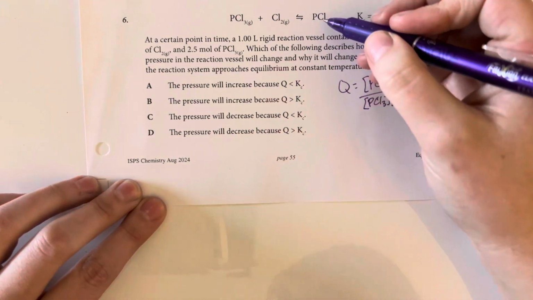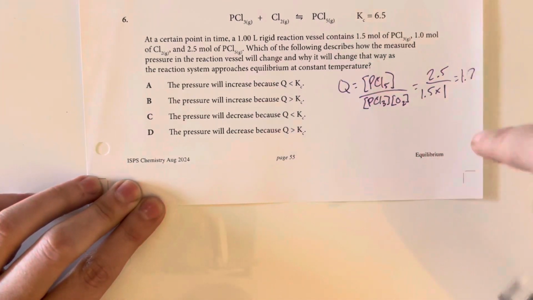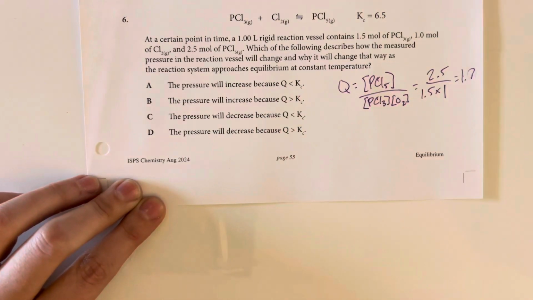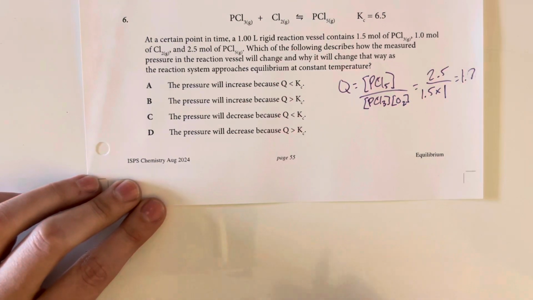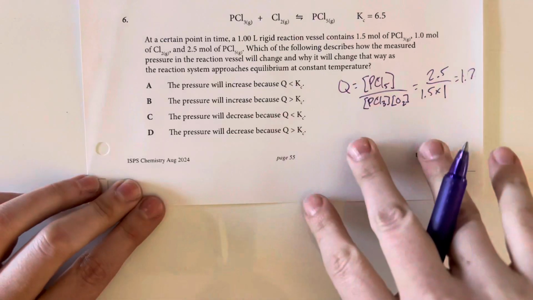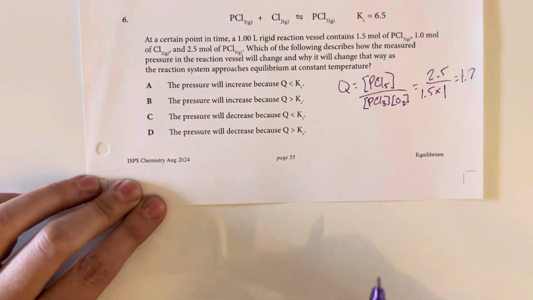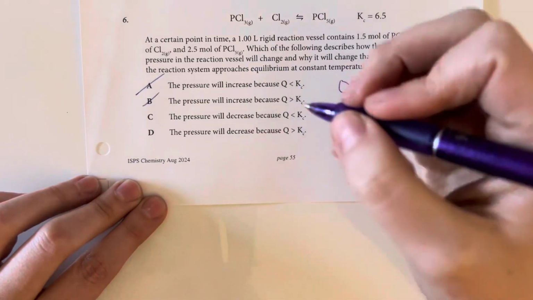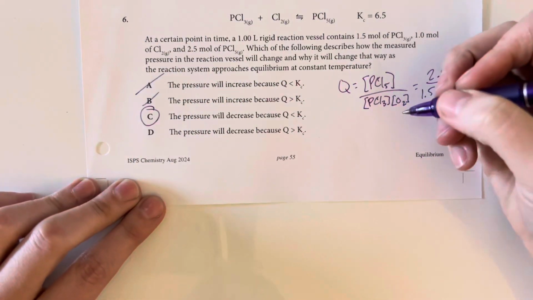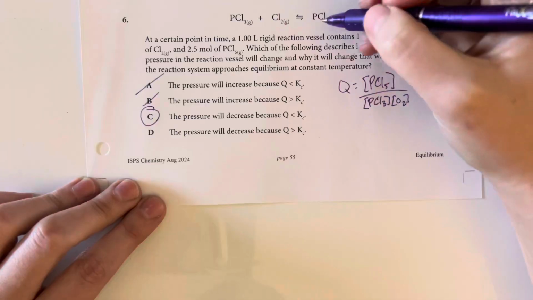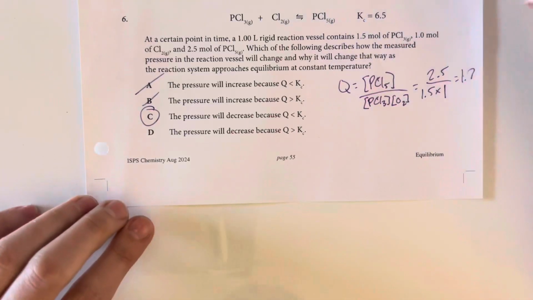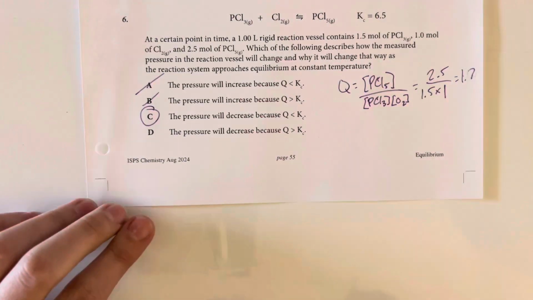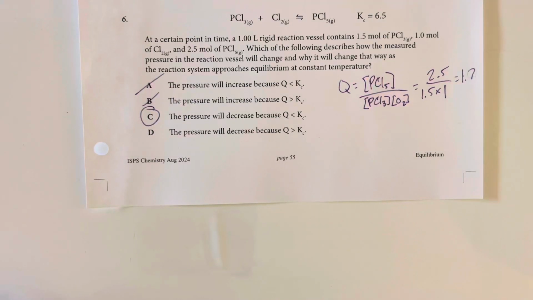I have fewer individual molecules on the product side than on the reactant side, and therefore my pressure will be decreasing because K is greater than Q, and therefore I am producing more products, which have fewer molecules, which means I will have fewer collisions and therefore a lower pressure.